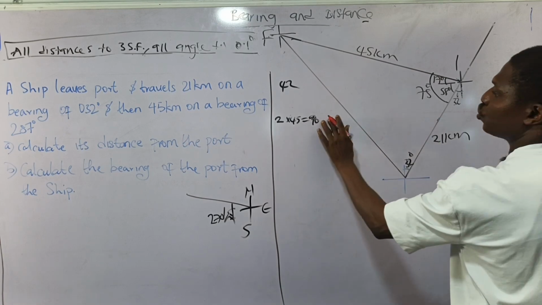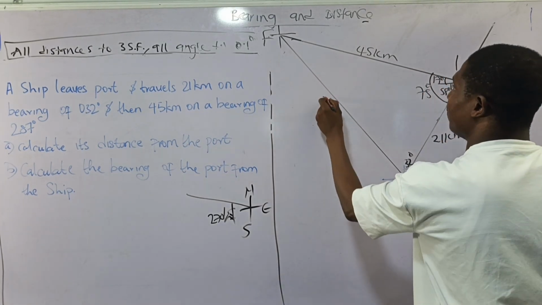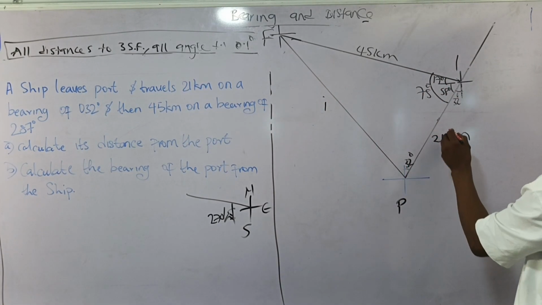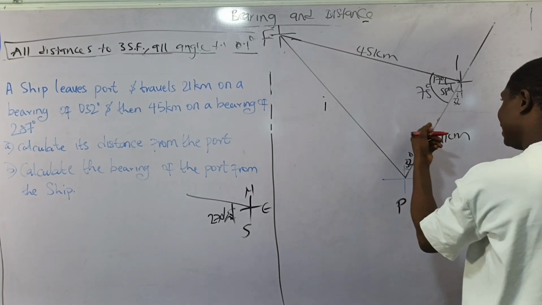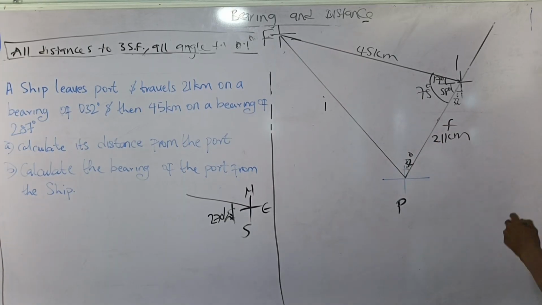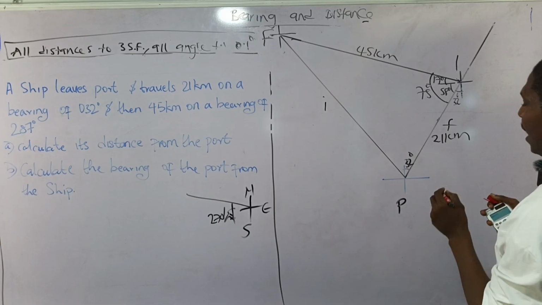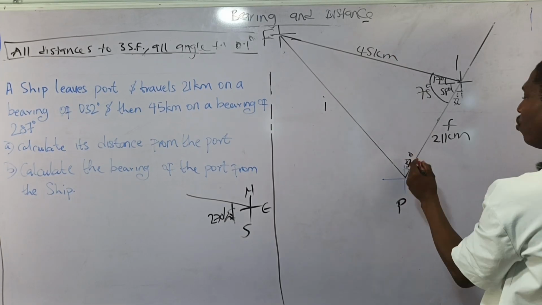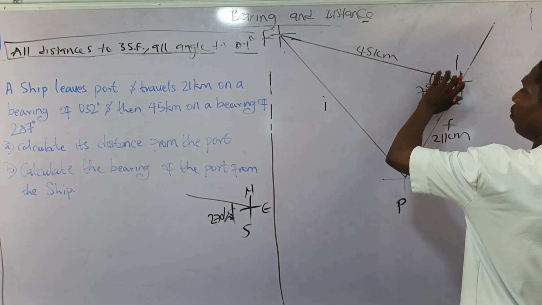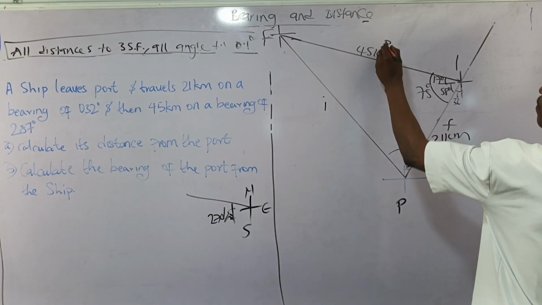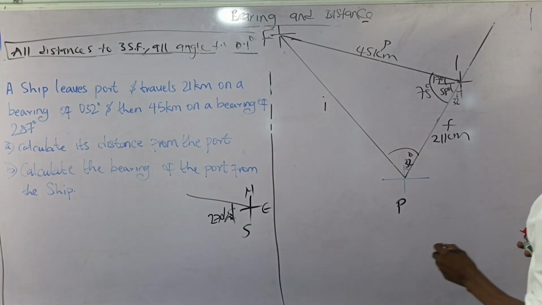FP can be represented as small letter i. F can be capital letter F, the angle facing the side. The side can be represented as small letter f. And the side facing angle P can be represented as small letter p.